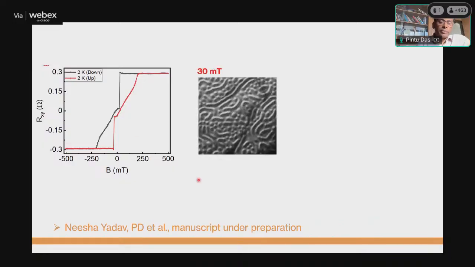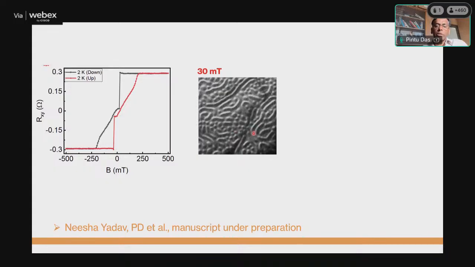Then we did measurements because our intention was to look at the chirality. By the way, graphene has a very low spin orbit coupling, but here we believe that because of the interface there is spin orbit coupling, I do not have time to discuss this. It is called Rashba type spin orbit coupling, and because of that there is a Dzyaloshinskii-Moriya interaction, which leads to magnetic skyrmions.